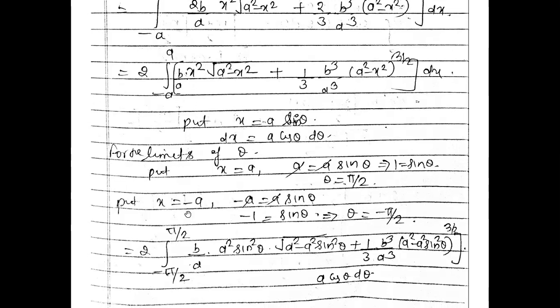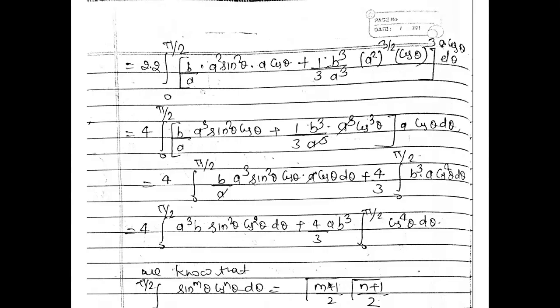So we can divide our limits as 2 times of, when you put all these values here, and after dividing the limits, 2 times of 0 to pi by 2, and this line. After solving this multiplication inside the bracket, a by a cos theta, you will get 4 times 0 to pi by 2 a cube b sin square theta cos square theta d theta plus this equation, right?